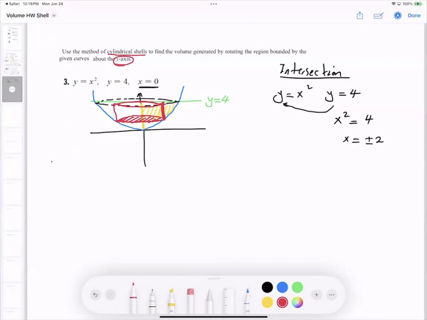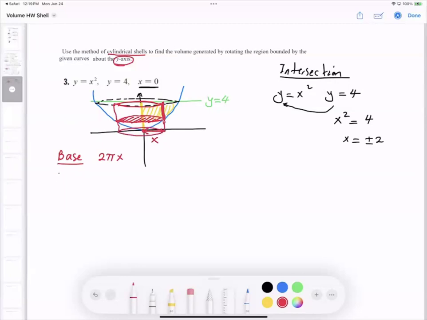So here you need to have the circumference of the base. For your base, what do you have? You have 2 pi times x, because this radius is changing as x is changing. The distance between 0 and x. So you can just shift this guy down here to have a better visualization.